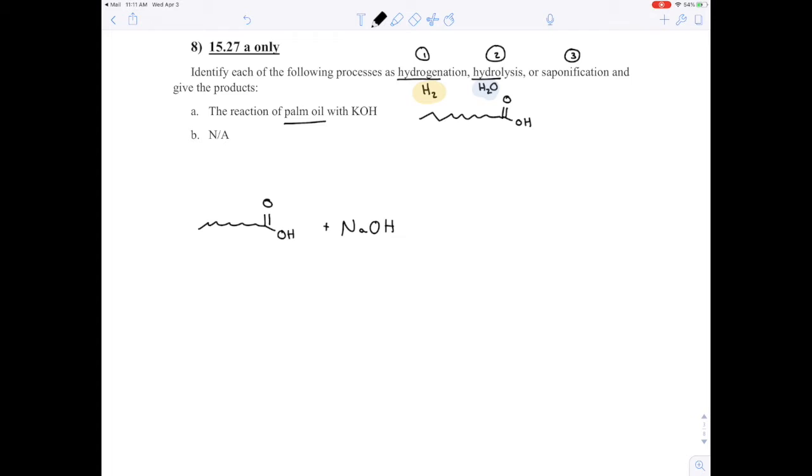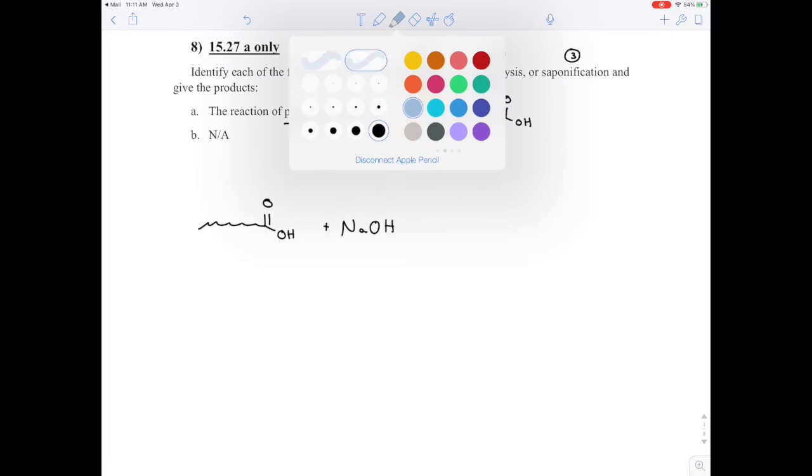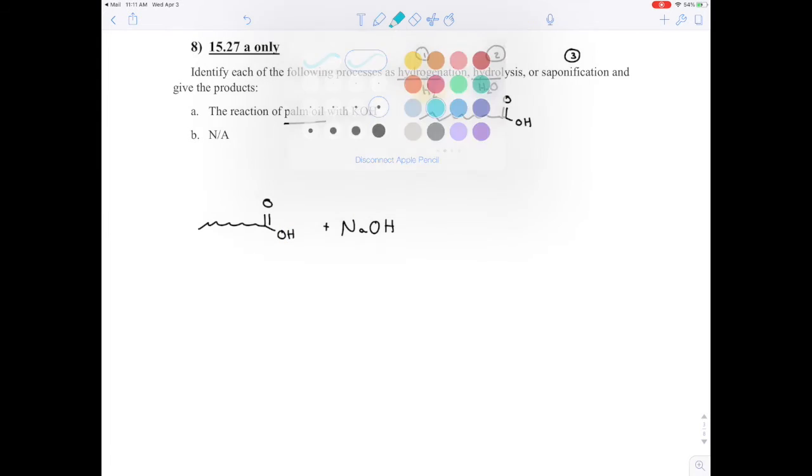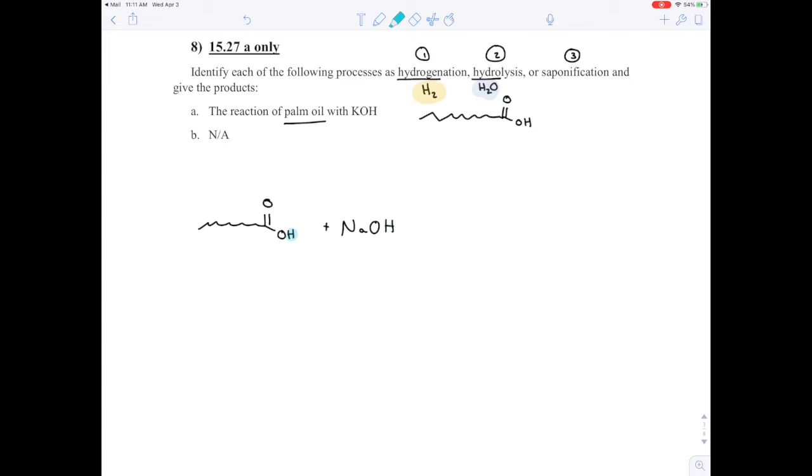The H from the carboxylic acid and the OH from the hydroxide come together and form HOH, or water. So those go to form water.